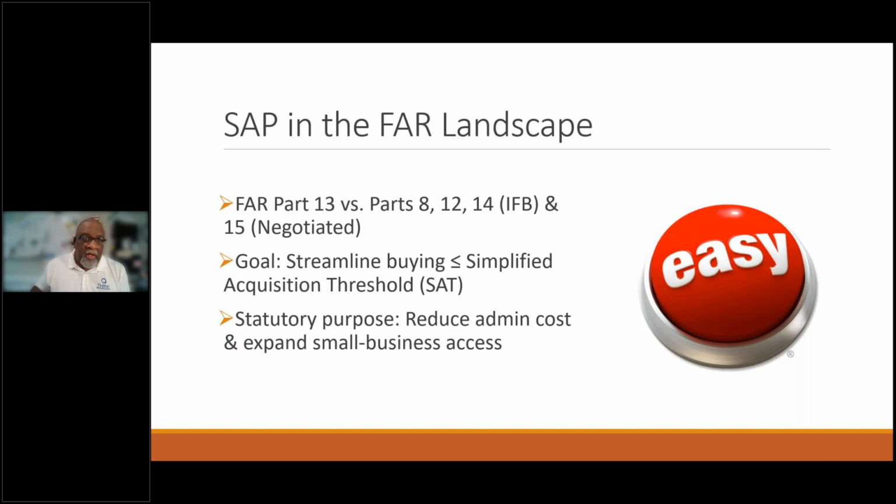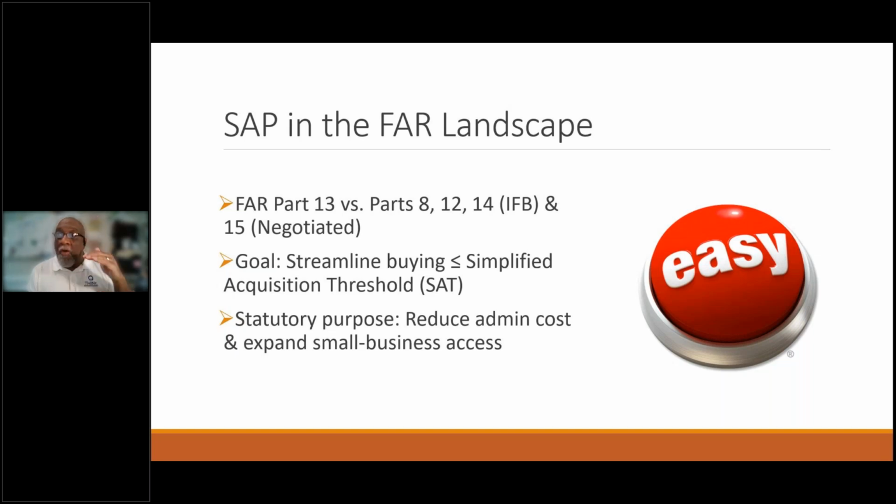So let's talk about the landscape. As I mentioned earlier, FAR Part 13 is the chapter of the FAR where the simplified acquisition procedures live. Part 8, Part 12, Part 14, and Part 15 are versions of other buying channels, but even in those versions, if the dollar value is below $250,000, they can find their way into using the strategies and techniques in FAR Part 13.